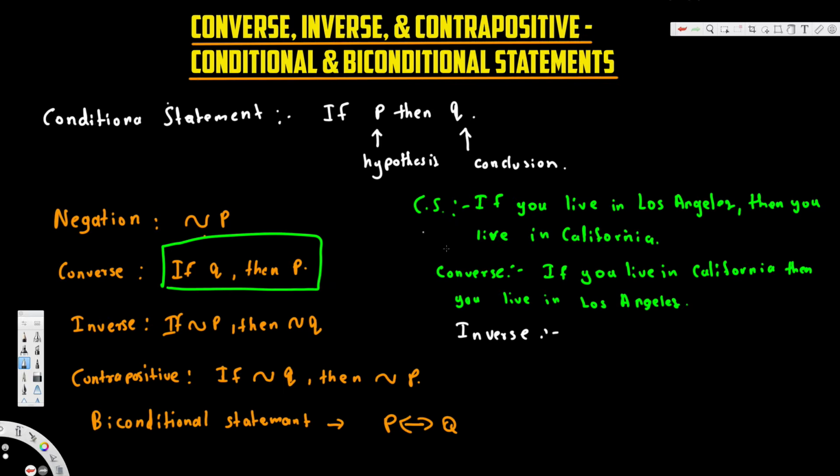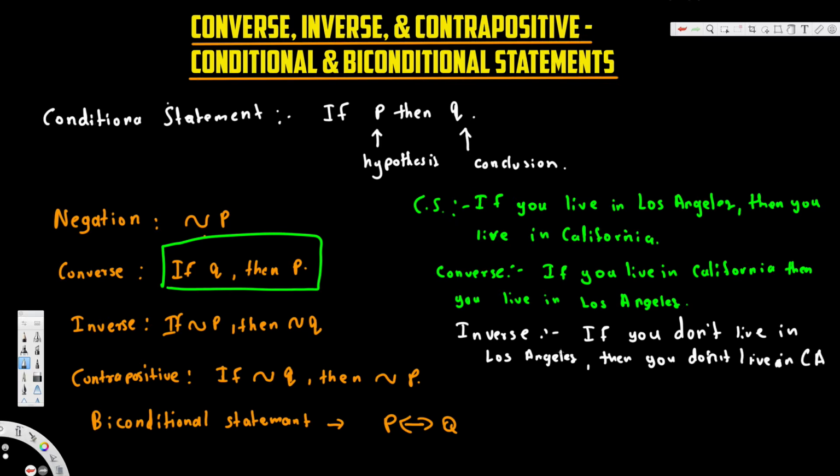When we write it in terms of a sentence, it's going to look like this: if you don't live in Los Angeles, then you don't live in California. So this is the negation of the first conditional statement.